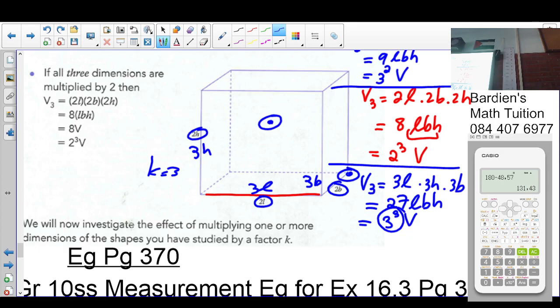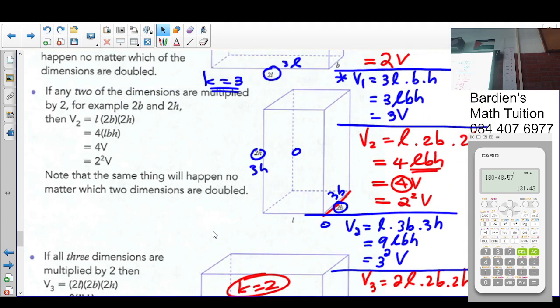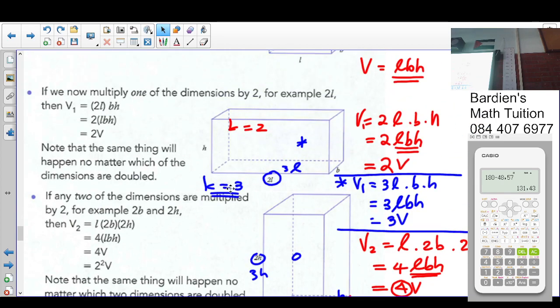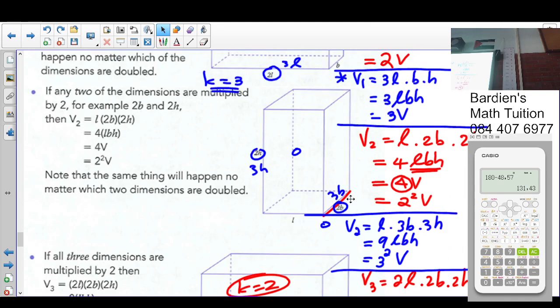You see K was 2 here. So what do you notice here? The K was cubed there. If one length, K was 3 again, it's just 3 times the volume. And if K is 2, it's double the volume. If two parts are enlarged, what is it then?